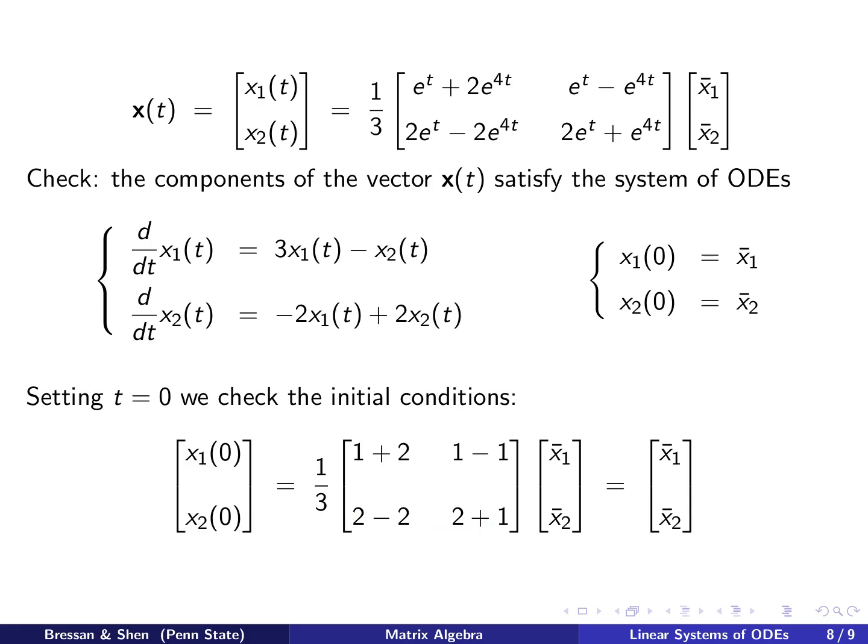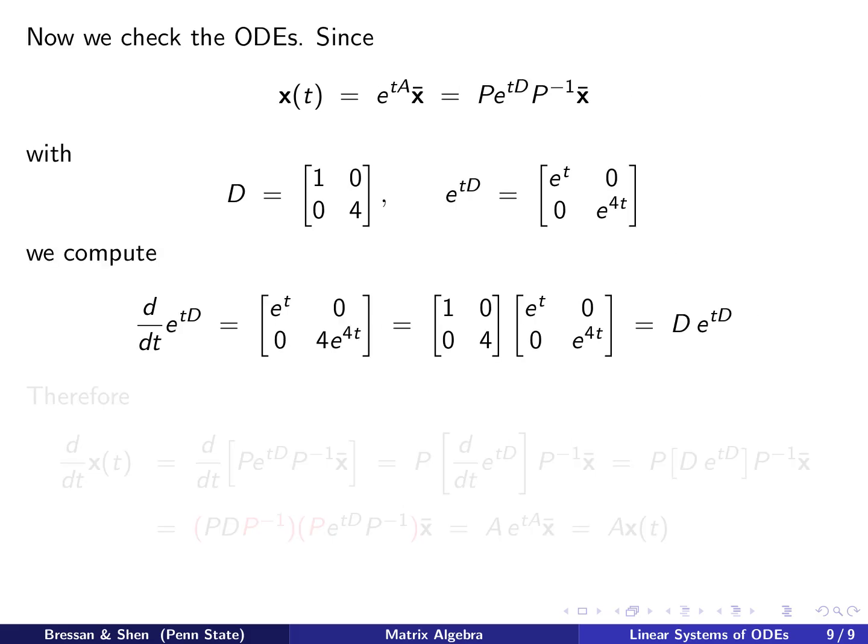And we see that that's 0, and this is 3, and this is 3. Multiplied by 1/3, you get the identity matrix, so you just get x1 bar, x2 bar, which is the initial condition. So the initial condition is satisfied. And next, we can verify the ODEs.